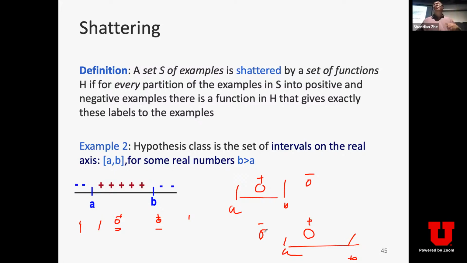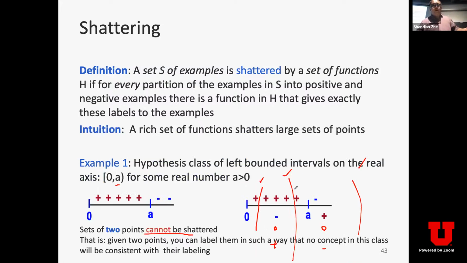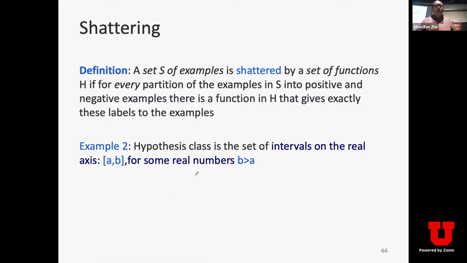This is an improvement. Remember, left bounded intervals cannot shatter 2 points. Now, by allowing the left end of the interval to be flexibly chosen, we can shatter 2 points. We actually increase the expressivity of our hypothesis space.